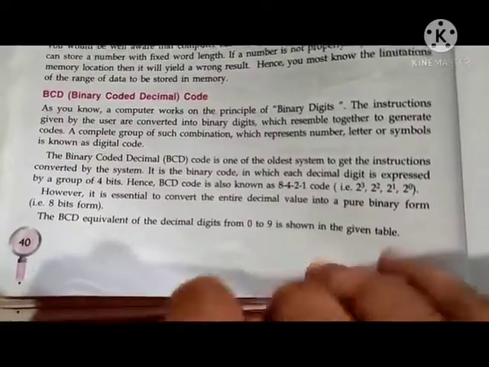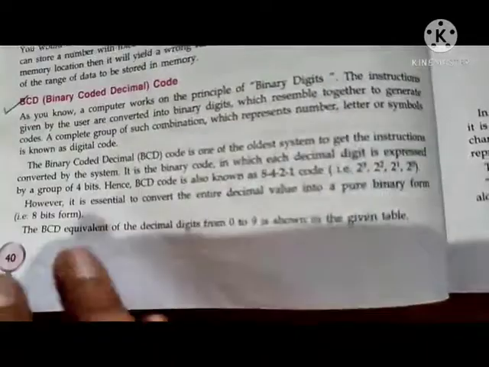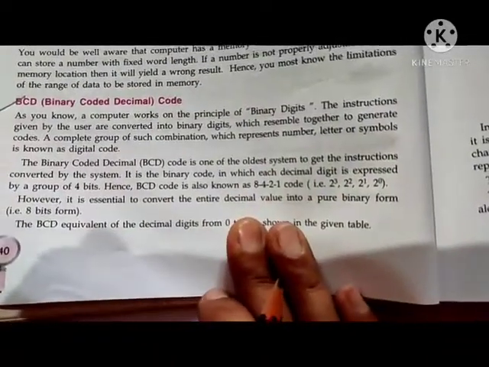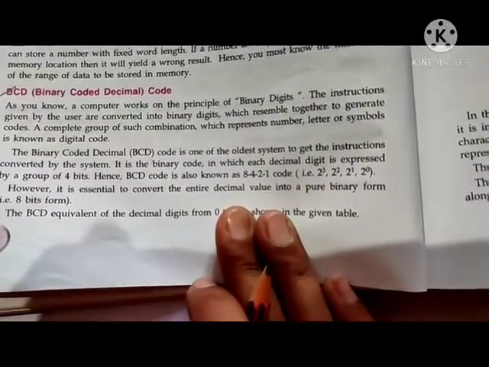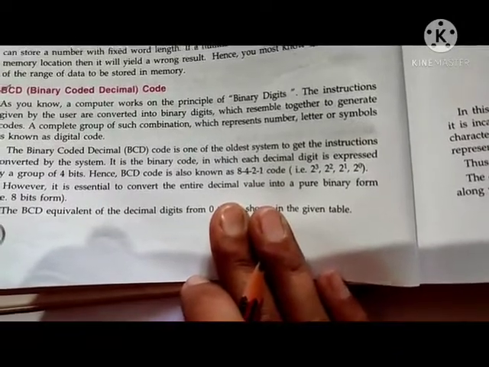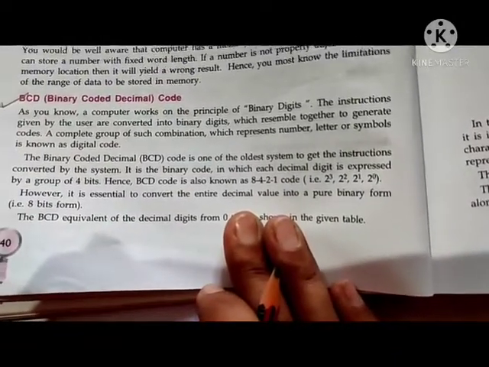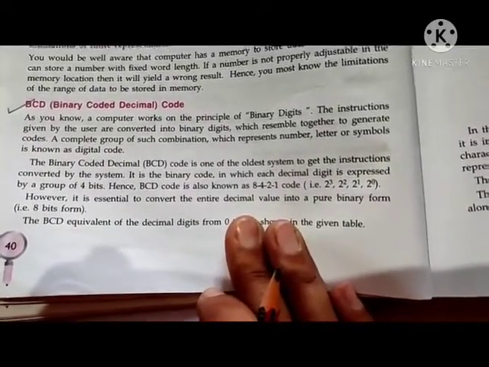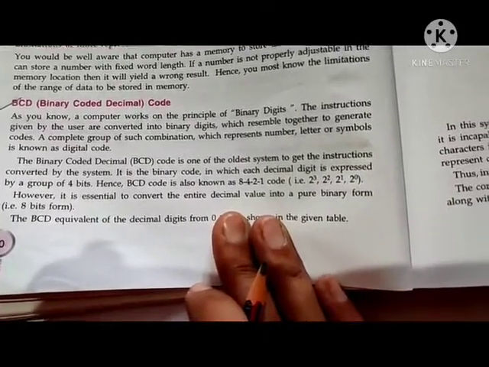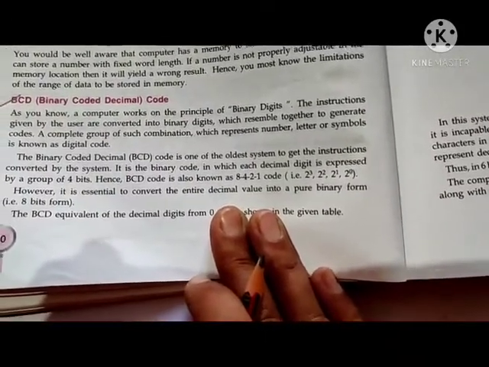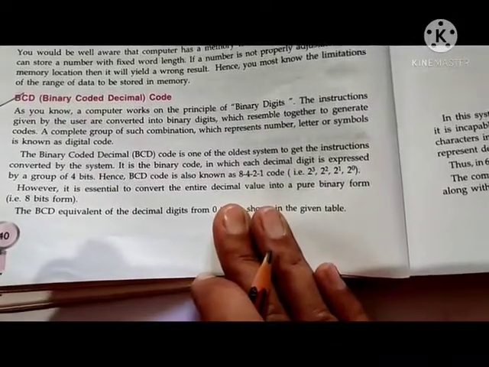Now we are going to discuss the BCD code. BCD stands for binary coded decimal code. As we know, the computer understands only binary digits, binary code. The instructions given by us are converted into binary code, then the computer can understand that code and perform some task.